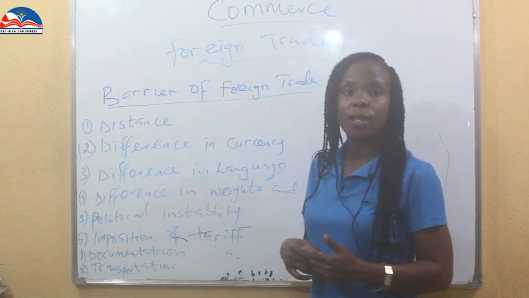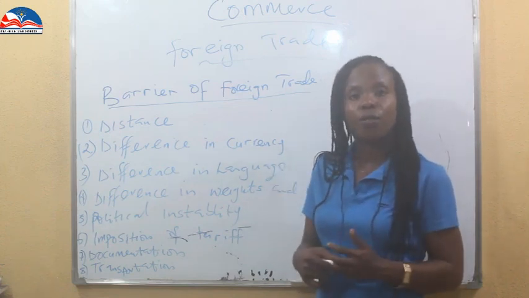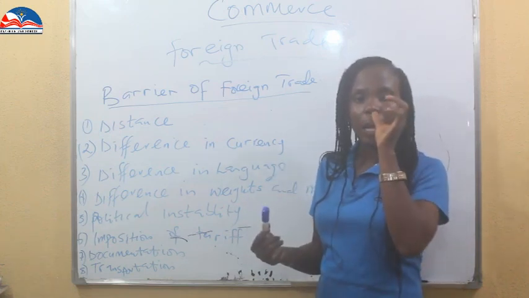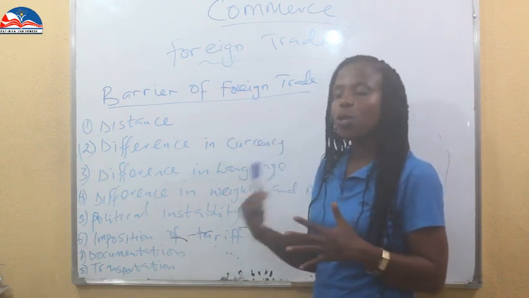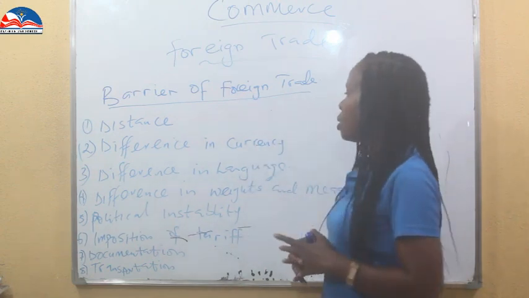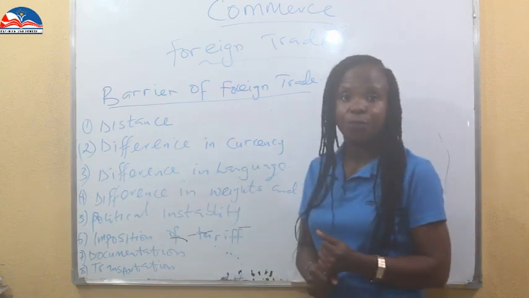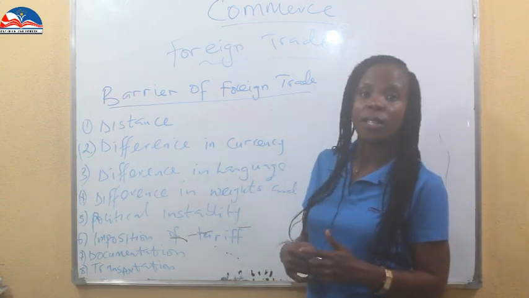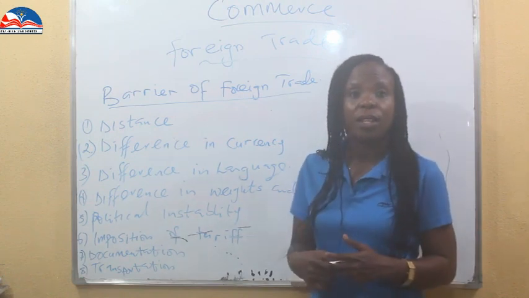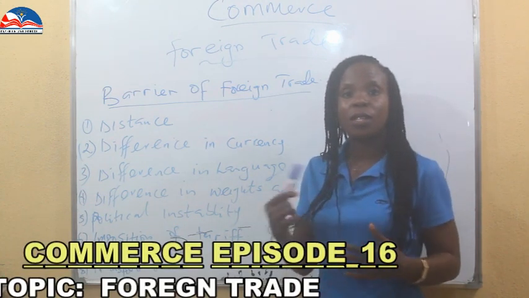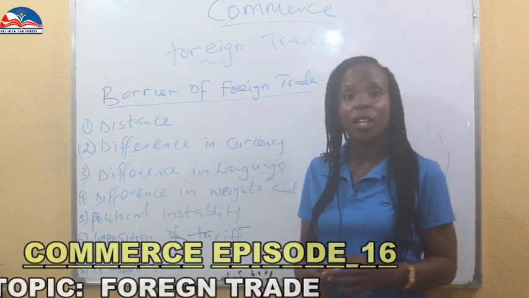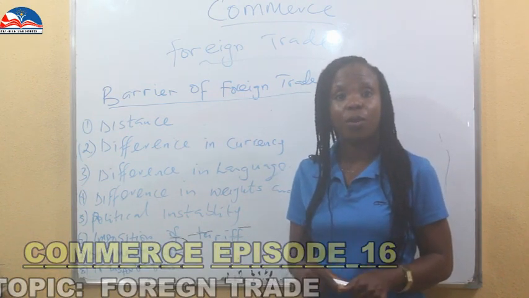Difference in currency. How much is a dollar exchange for a naira? The difference there makes the products either very high or very low. So the currency is always different. Difference in language. The Chinese man may not understand the Nigerian person. And the difference in language can cause a problem. Have you gone to a Chinese website to order products?